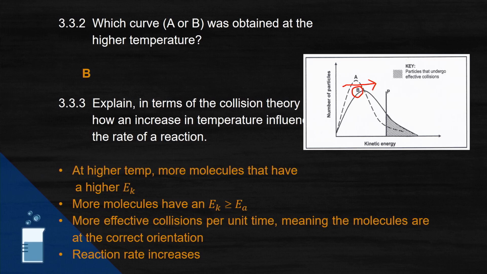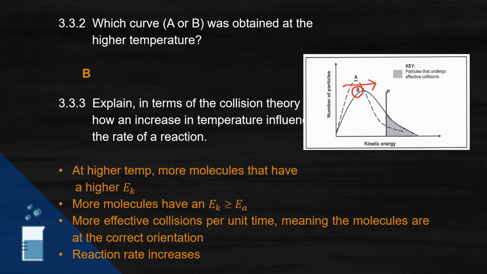Explain in terms of the collision theory how an increase in temperature is going to influence the rate of the reaction. So at a higher temperature, there are going to be many more molecules that have a higher kinetic energy. When there is a higher kinetic energy, there are more particles that can move faster.